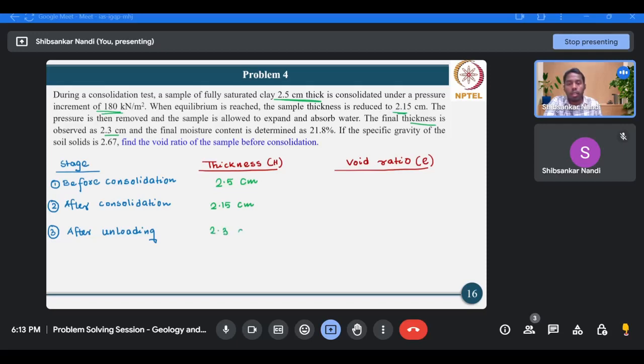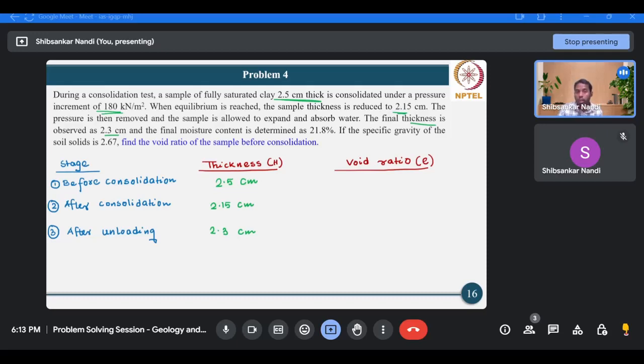Initially, due to consolidation, the thickness is reduced by 2.5 minus 2.15, that is 0.35 centimeter. Then when the pressure is removed and the sample absorbs water, the thickness increases to a value of 2.3 centimeter only.